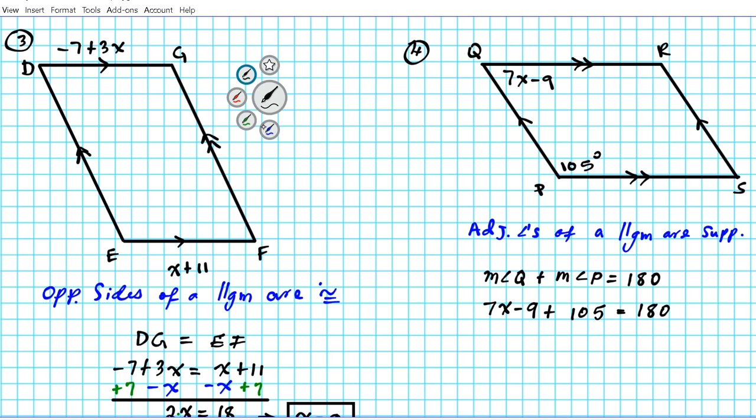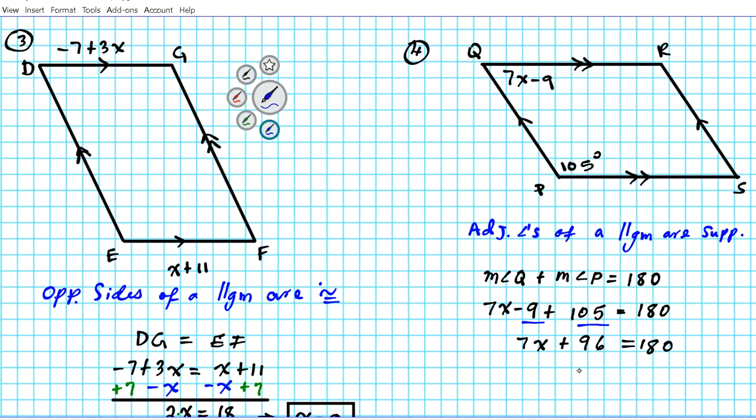On the left side, we can combine like terms. We have two constants, negative 9 and positive 105. If we combine those, we get positive 96. So we have 7x plus 96 is equal to 180. Let's get x by itself.